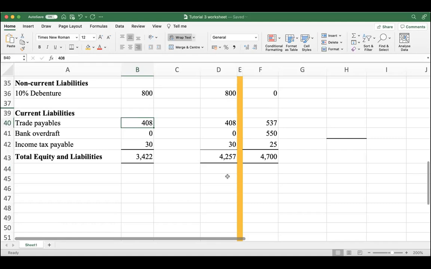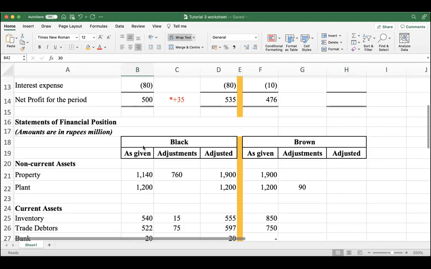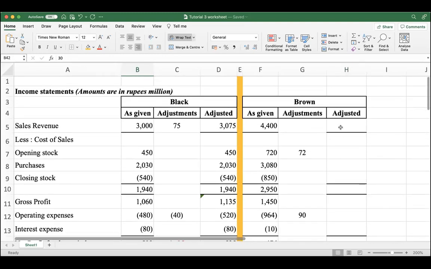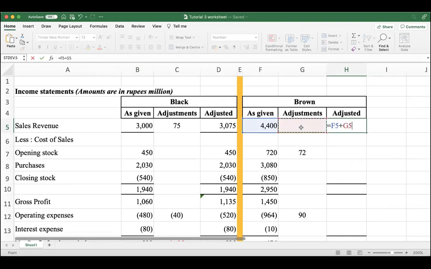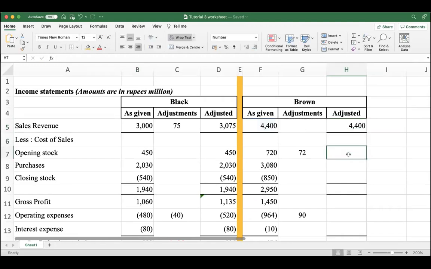Right. So similarly, you can see the Brown company. Sales, there's no adjustment. Opening stock value increases by 72. Purchases, closing stock, there is no adjustment.